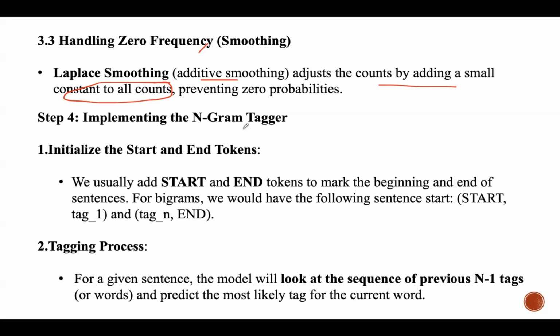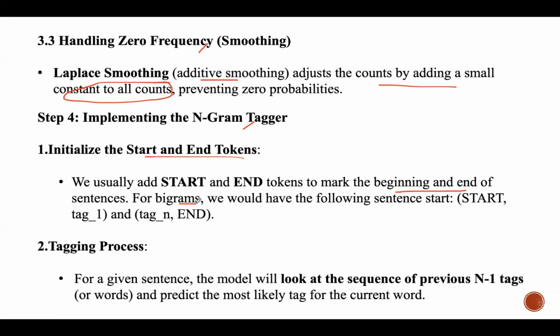Next is to implement the ngram tagger. Once the ngrams and their probabilities are computed, before we computed bigrams, once that is done, we can implement the tagger. And this is the general process. Initialize the start and end tokens. We usually add start and end tokens to mark the beginning and end of a sentence.